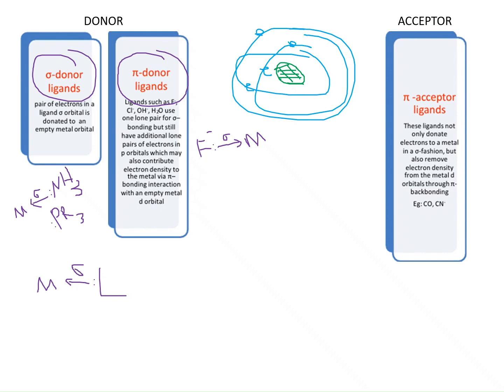But because this fluoride has additional lone pairs of electrons occupying the p orbitals, that also could be contributed to the metal empty orbital. And if that electron is going to be contributed to the empty metal d orbital, definitely there will be overlapping of orbitals between the p orbital of the fluoride and the d orbital of the metal. And this will create a pi bonding interaction.